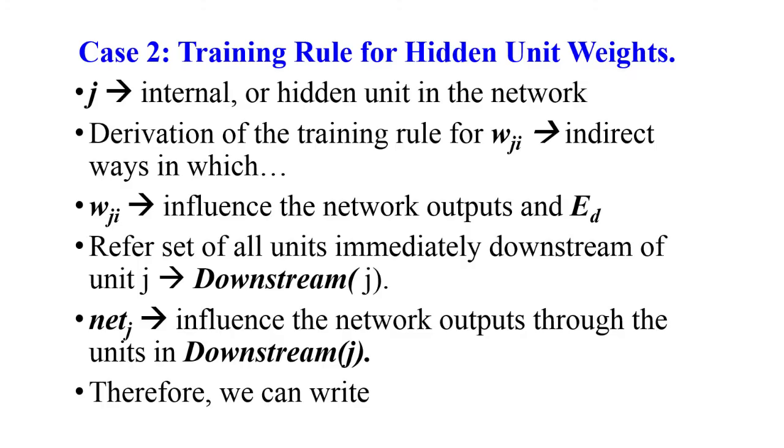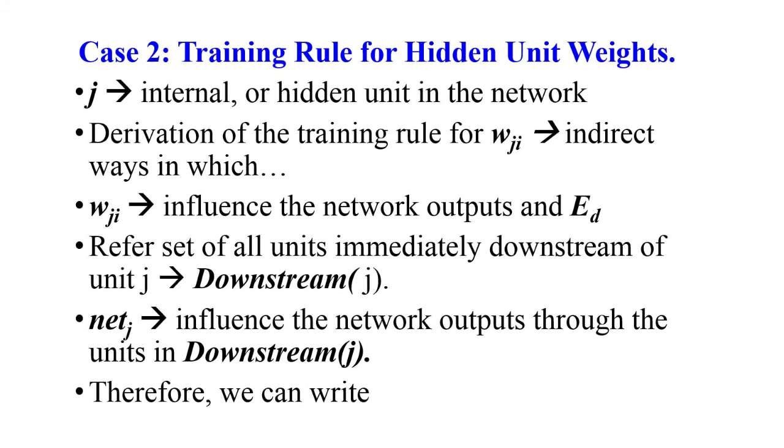We will now consider the second case, the training rule for hidden unit weights. In the case where j is an internal or hidden unit in the network, the derivation of the training rule for w_ji must take into account the indirect ways in which weight w_ji can influence the network outputs and hence the error E_d.